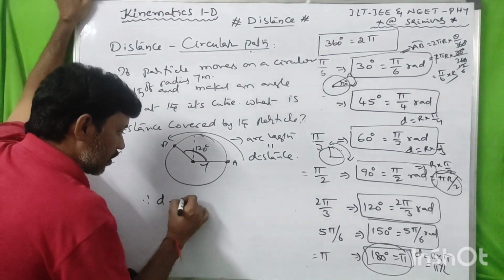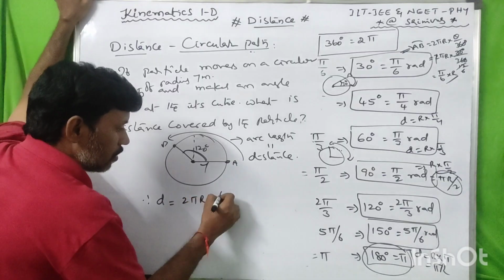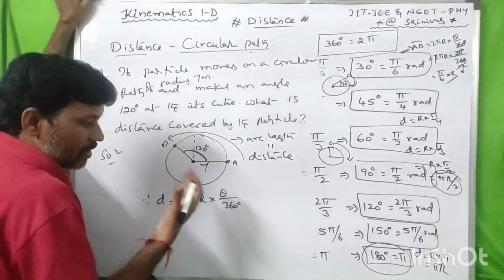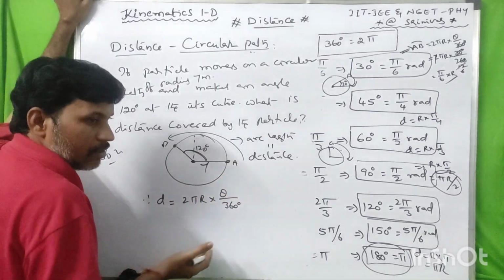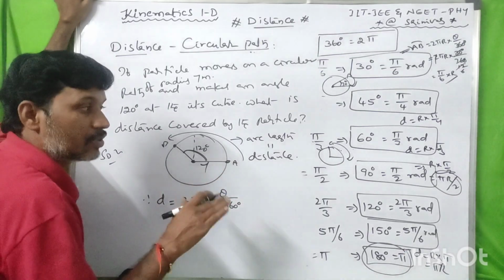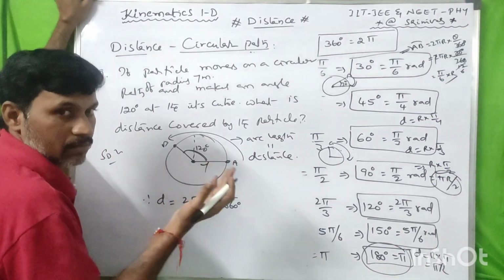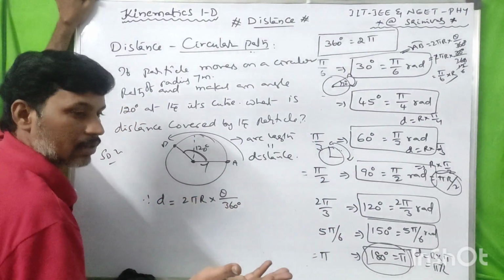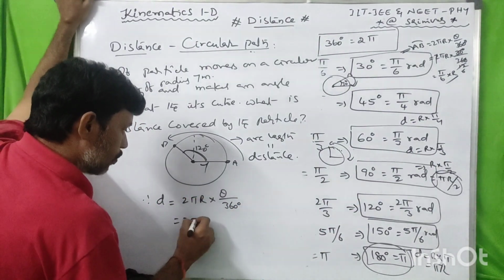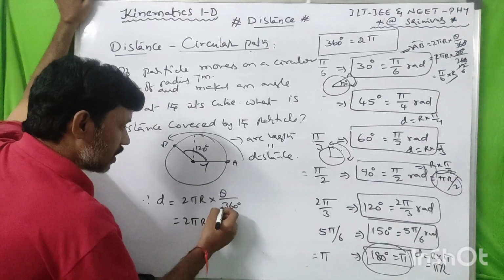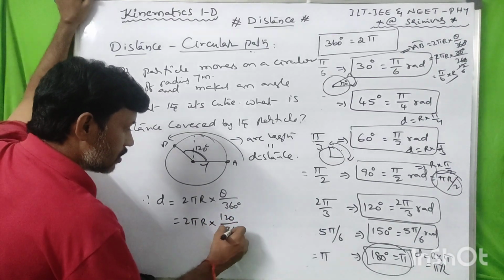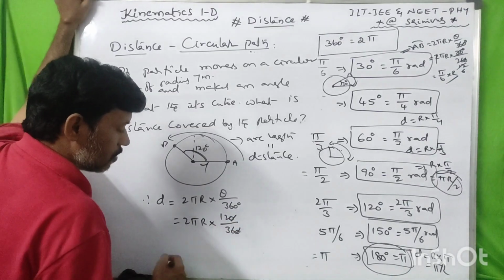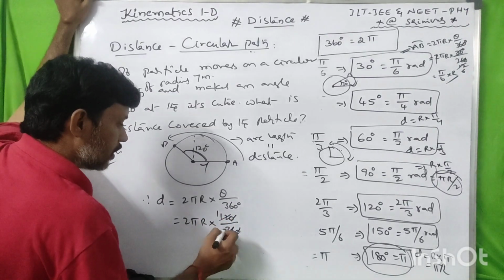When theta is given, the formula is 2 pi r into theta by 360 degrees. Otherwise you can write simply r into theta, but theta should be taken in radians. So 2 pi r into theta by 360, theta 120 by 360. The zeros cancel, 12 goes 1 time, 12 goes 3 times.